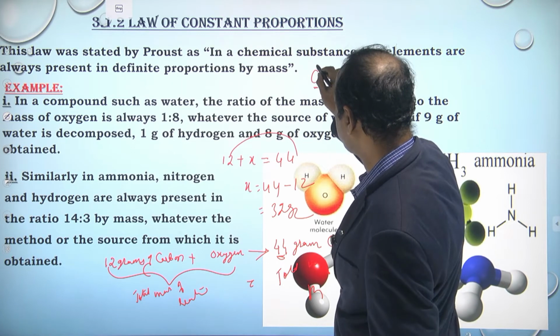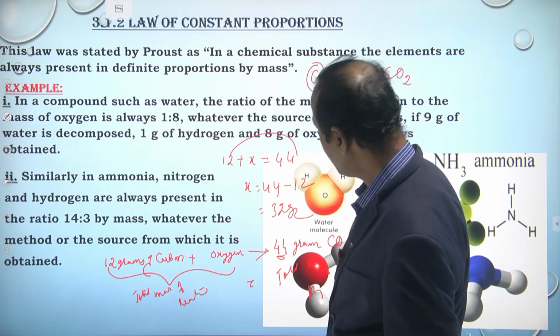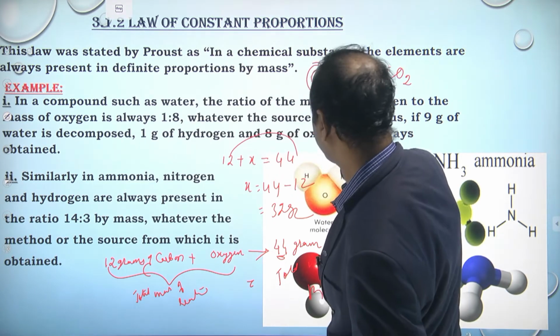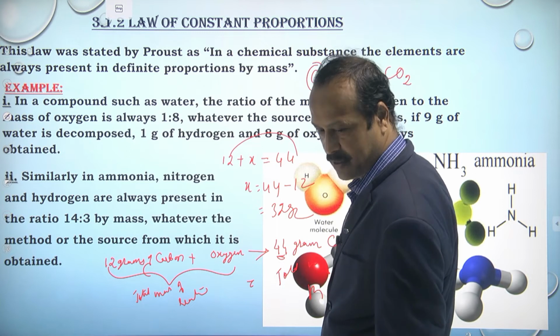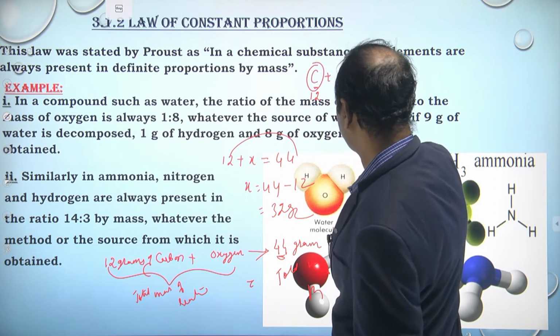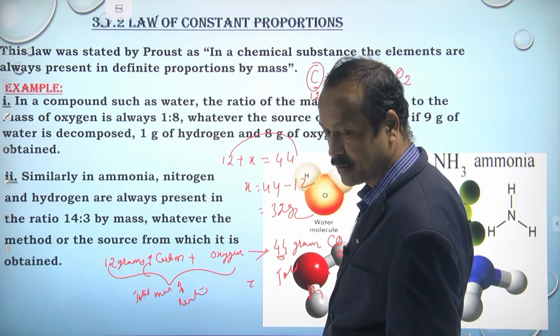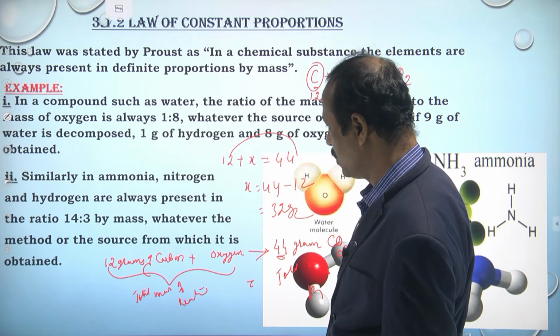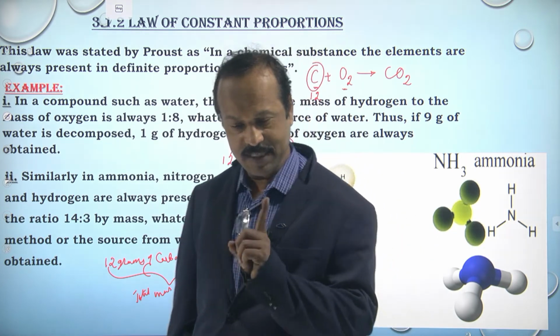Now what is the atomic mass of the carbon? 12 only. Atomic number is 6, atomic mass is 12. Already we studied, I think, somewhere. Okay, and what is the atomic mass of oxygen? No, oxygen atomic mass is 16 only.